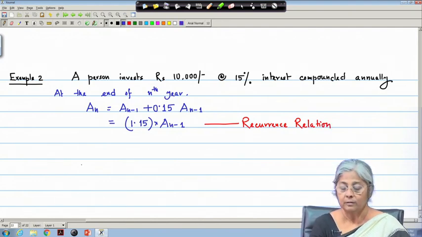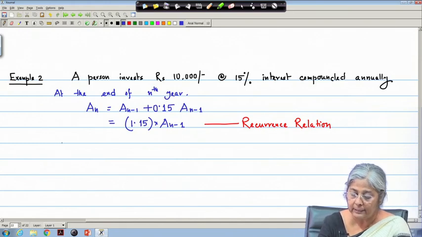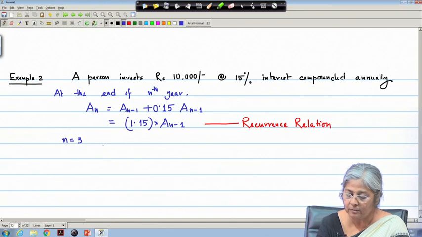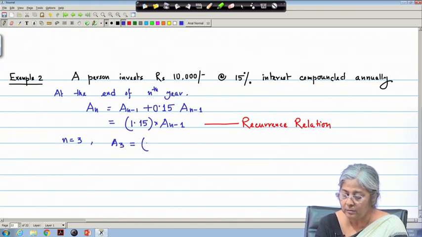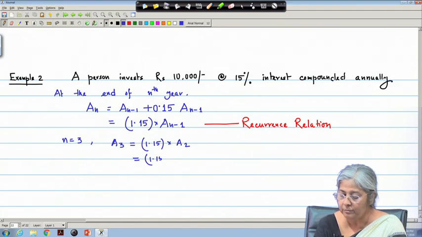Now, if I take n equal to 3, A3 is 1.15 into A2, and A2 is 1.15 into A1.